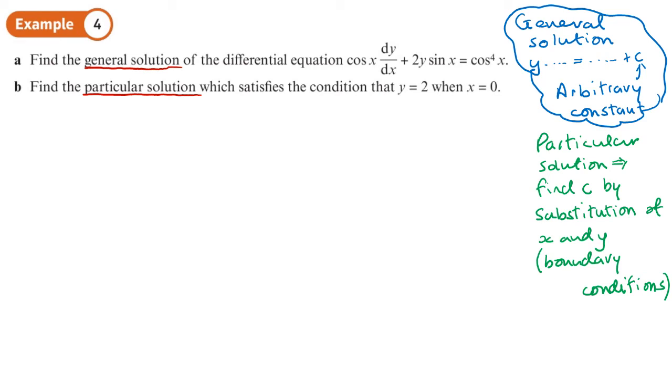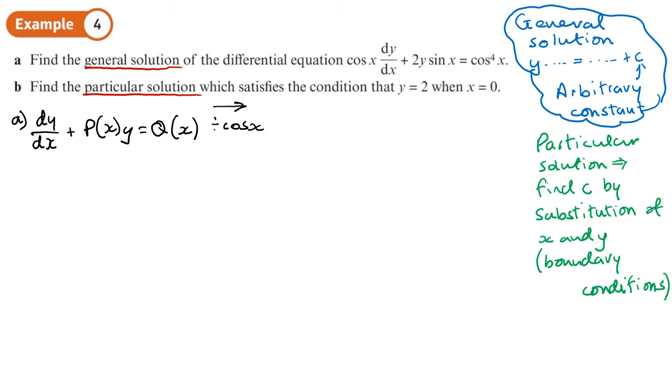Right, so part A, let's see if this first order differential equation matches up with the form that we want, which is dy dx plus p of x y equals q of x, and it does. I'll need to divide everything through by cos x to make it look like that form.